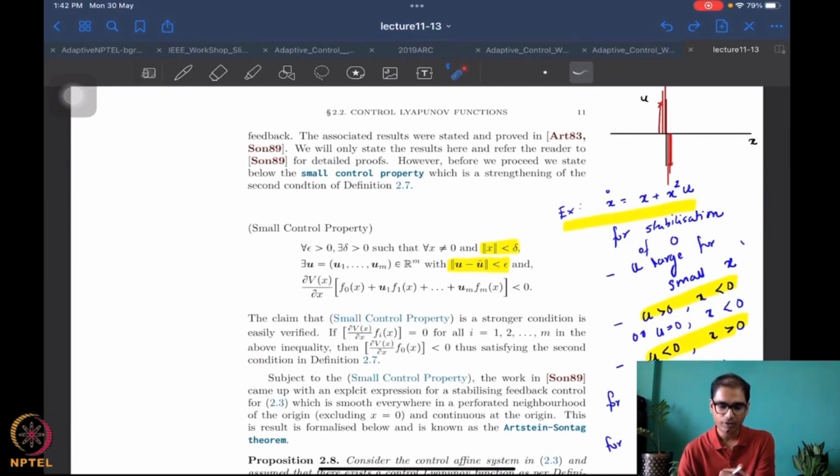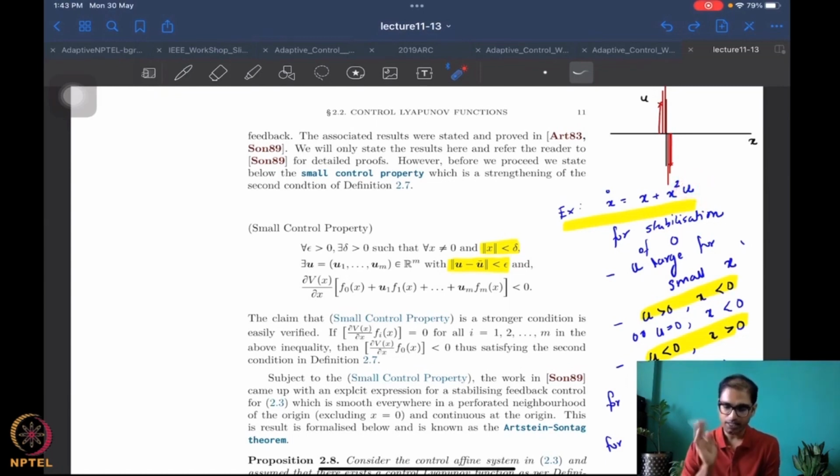You would have to get a minus x to cancel this term out. And so what it means is that if x is small, then x squared is really tiny, so u will have to be very large and negative.